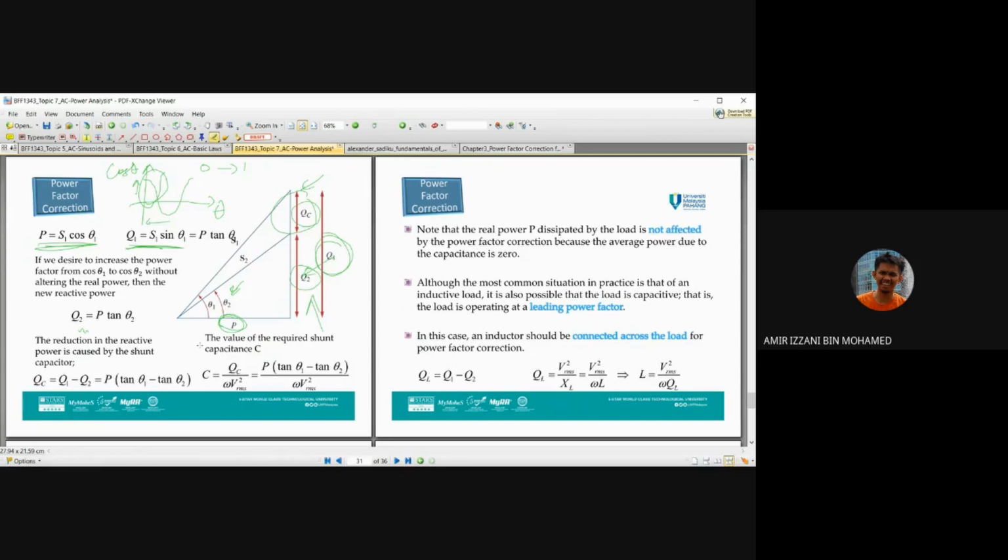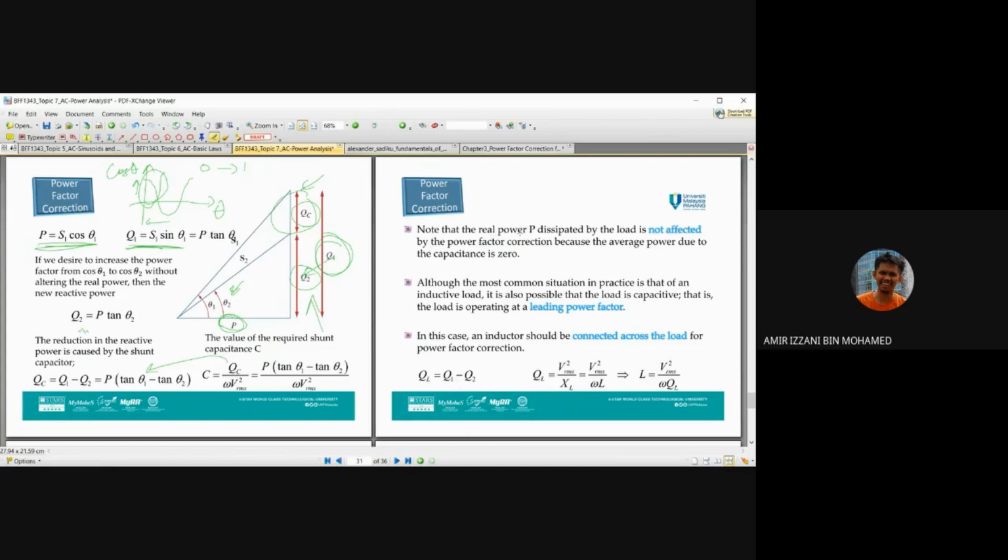Then we need to calculate the value of capacitance C required. C equals QC over omega V RMS squared. Then QC from this equation is P (tan theta 1 minus tan theta 2) over omega V RMS squared.